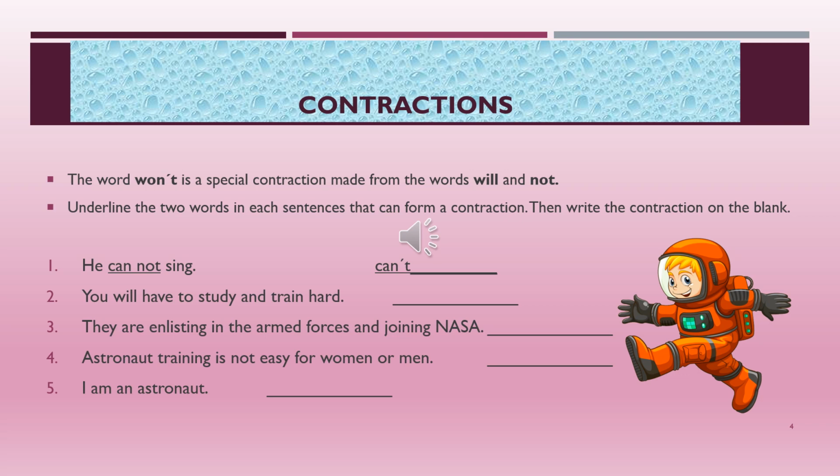Astronauts' training is not easy for women or men. That is number 4. Underline the two words and then write the contraction on the blank. Number 5, I am an astronaut. Underline the two words and then write the contraction on the blank.